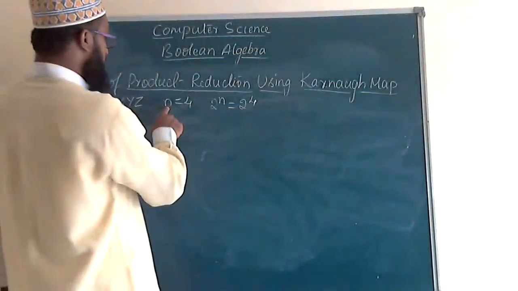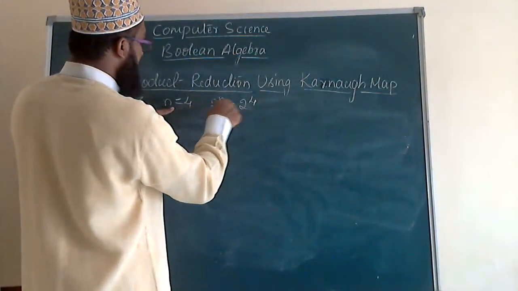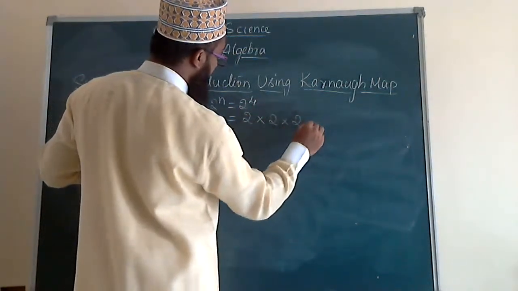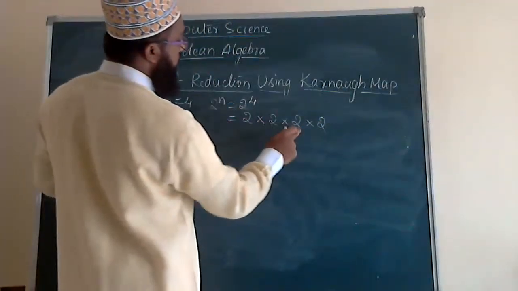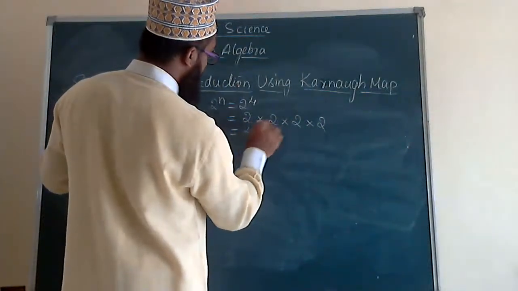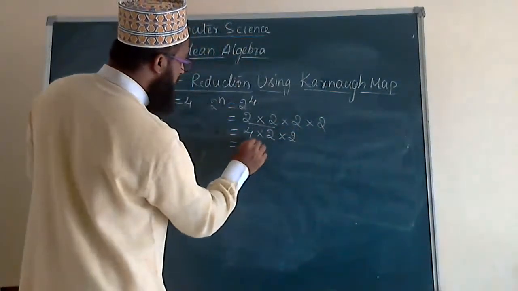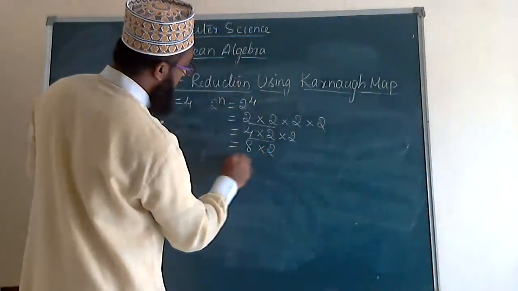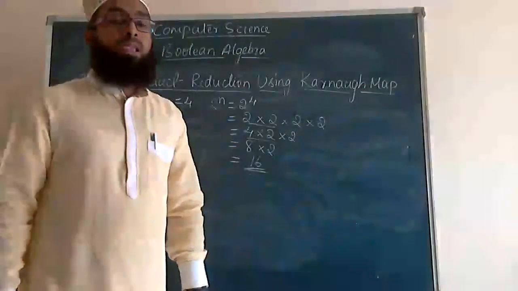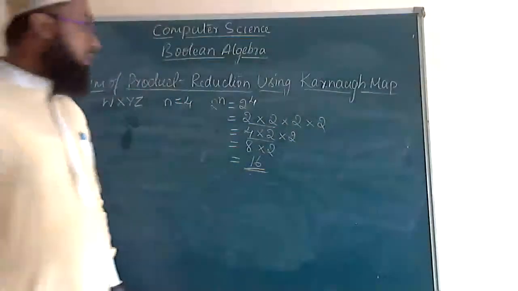Put 4 in place of n and multiply 2 four times: 2 into 2 is 4, into 2 is 8, into 2 is 16. So we have to draw the Karnaugh map with 16 squares.